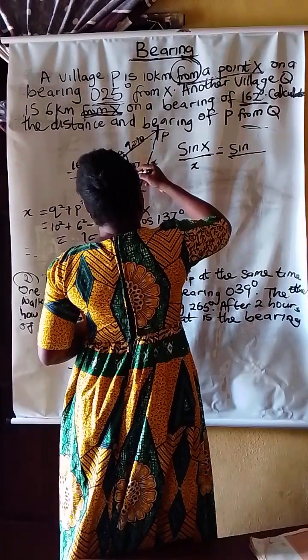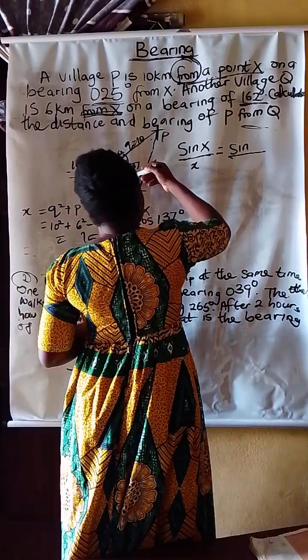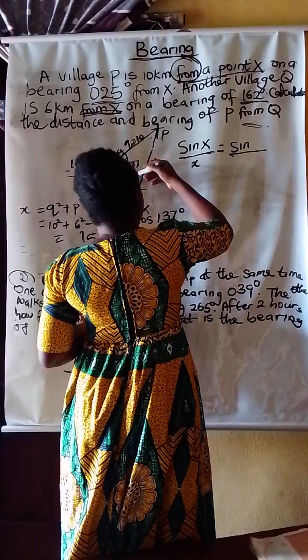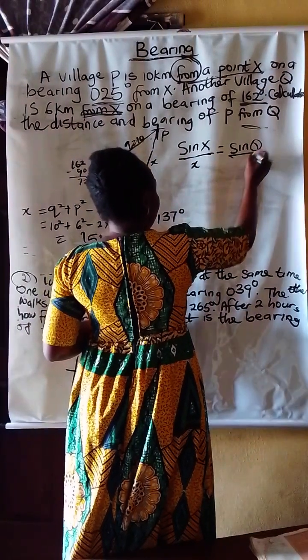So let's use this. We have 137 and X, and small q is what we are looking for.